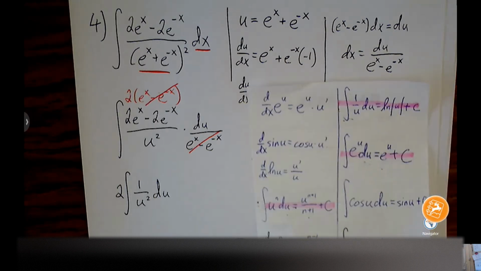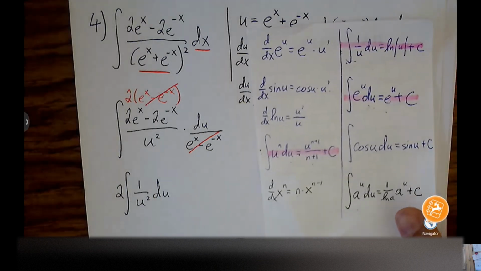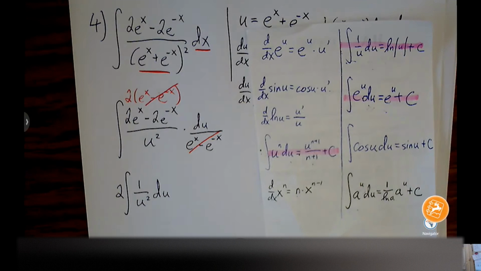What rule do we use for that form? How do we handle 1 over u squared? U goes to u, use the natural log.